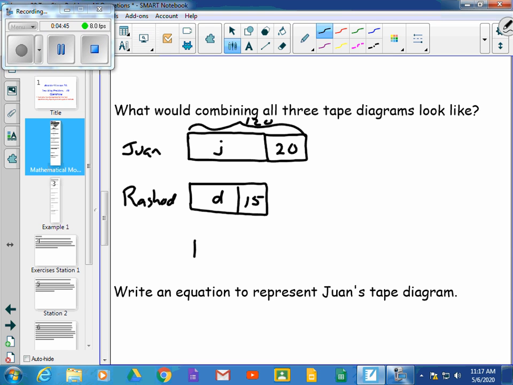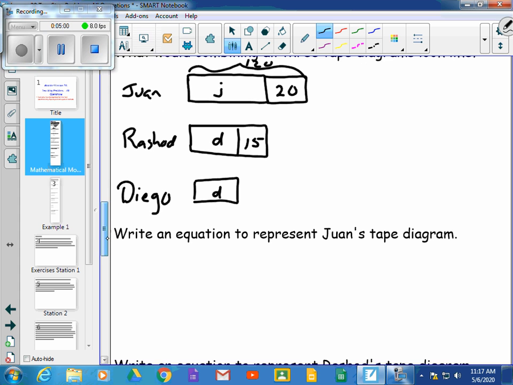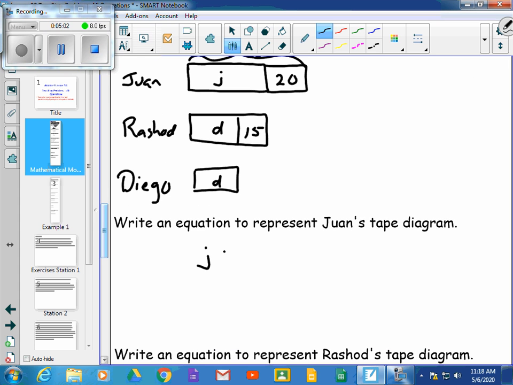And then we had just Diego, the D. Now it tells us to write an equation to represent Juan's tape diagram. If we look at that top one, we had J plus 20, and that equaled the 120. That was the equation for Juan.